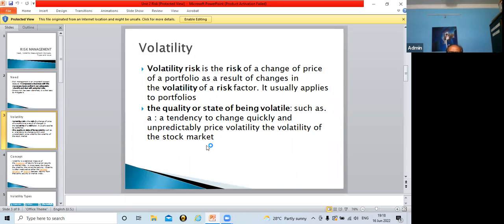And whenever it has an impact on the stock market, what happens? People start selling their shares. Generally in India, whenever the Sensex goes down, the common investor gets afraid and starts selling their shares. But a wise, smart investor never does this.